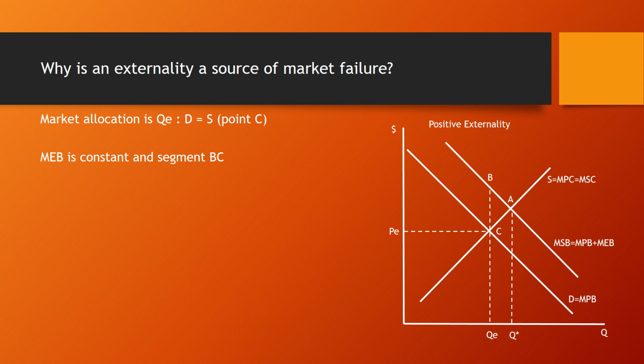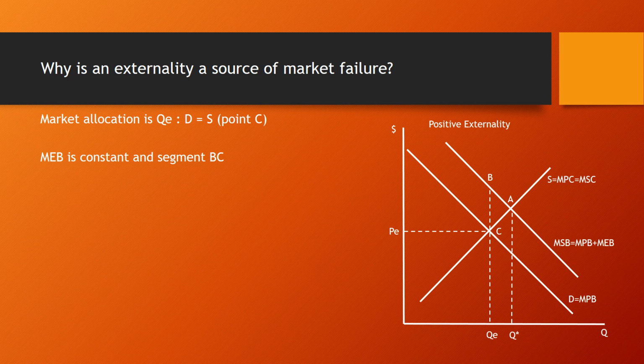To answer this question, note that with a positive externality, we have to add a marginal external benefit to the model. We assume a constant marginal external benefit, MEB. The value is given by the distance between points B and C in the diagram. With a positive externality, demand only reflects marginal private benefit, MPB.